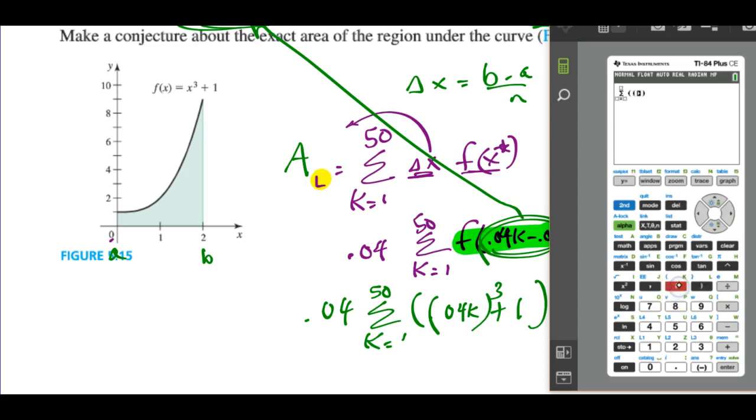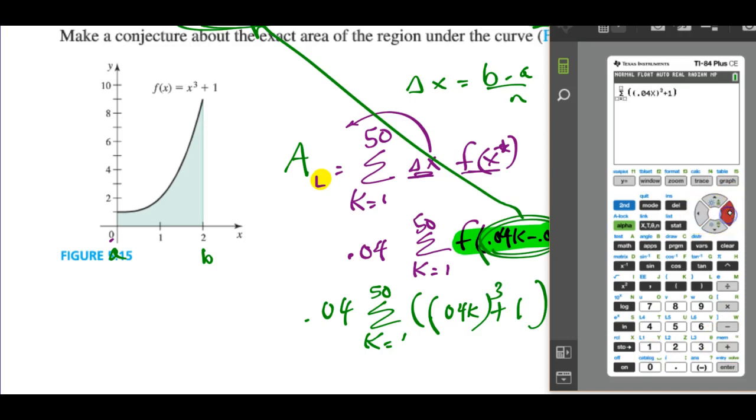So again, I'm going to put this 0.04 x cubed in here. I know I was doing something wrong because I could see that I was cubing it out there, and I knew that that was wrong. So I went back and made sure I got that on the innermost parentheses, and I want that plus 1 as well.